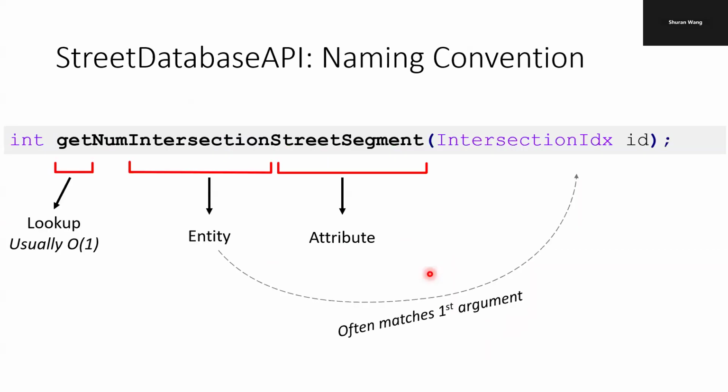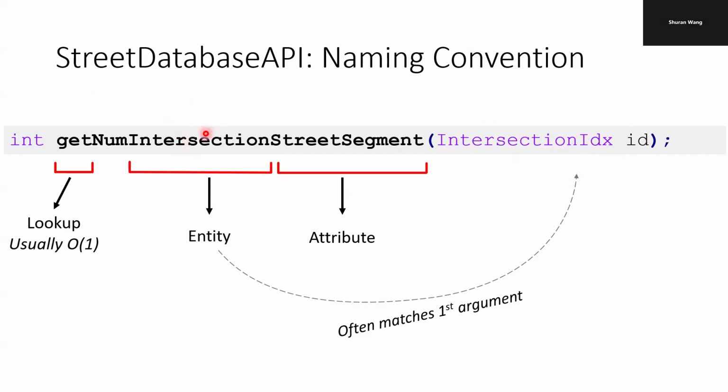The naming convention in the street database API is generally that a get signifies this is a lookup, and usually this takes one time. Then the entity, here intersection, is the thing that you're looking up for, and it's usually the first argument in the argument list.